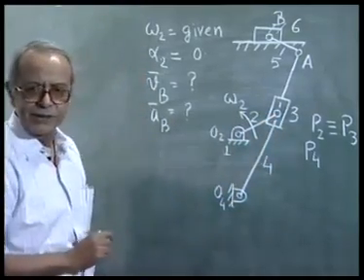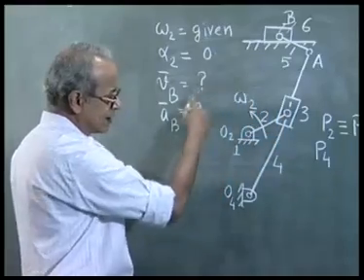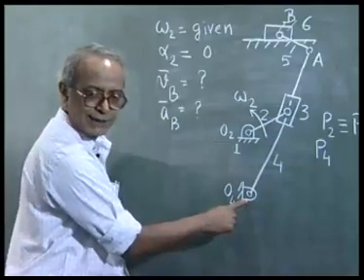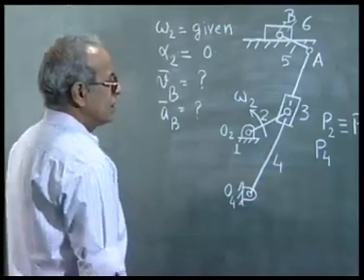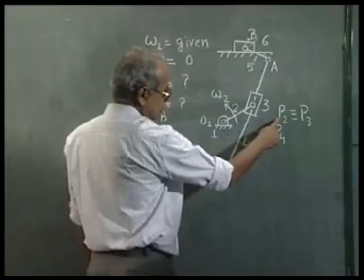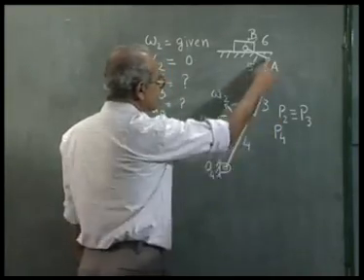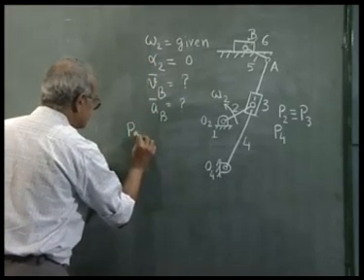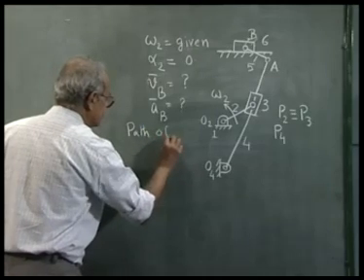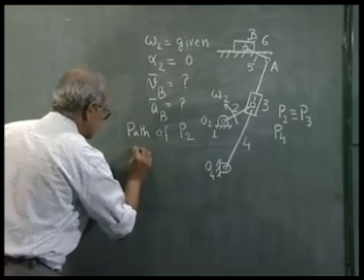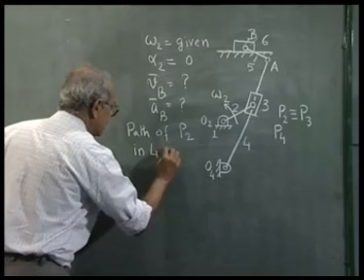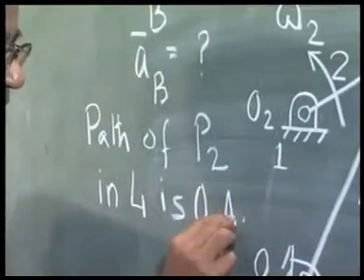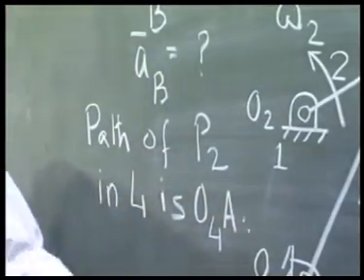We should note the difference that P2 and P3 move on a circle with O2 as the center, whereas P4 moves on a circle with O4 as the center. Now, the path of P2 in body 4 is known, that is along this line O4A. So, the path of P2 in 4 is O4A. So, this is a straight line path. The curvature of this path is infinity.